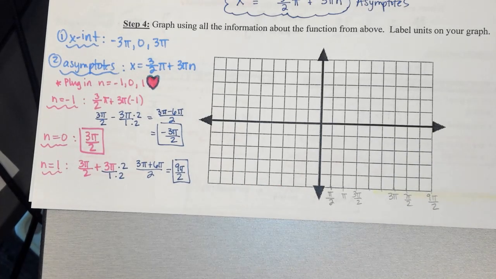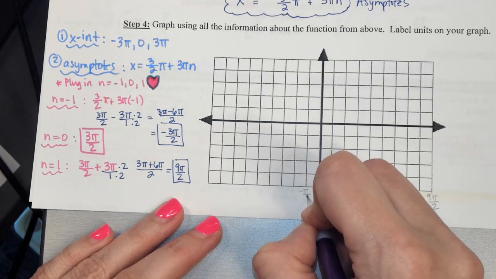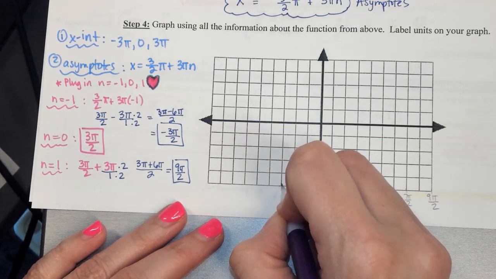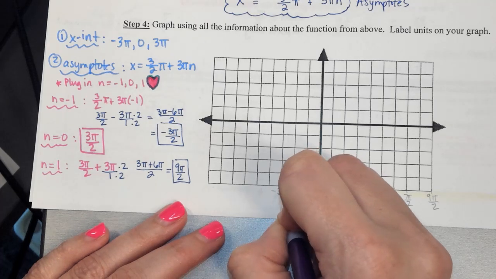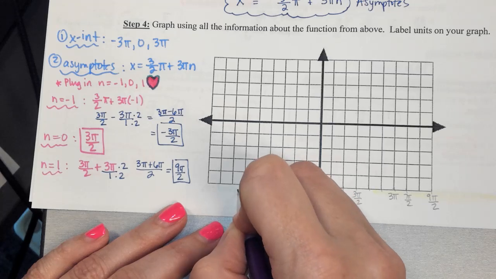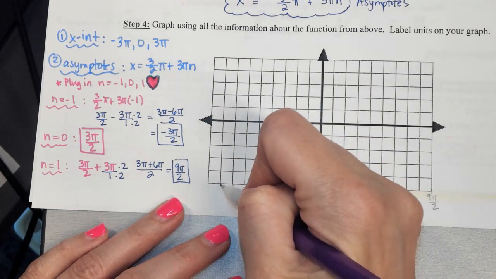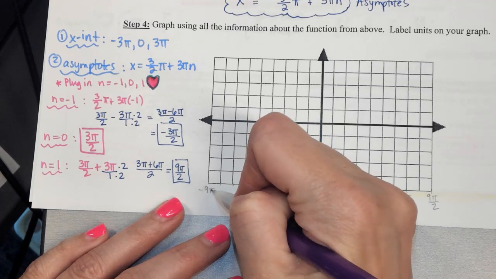Okay, you don't have to label every single one, but you do need to label some of your key points on there. And same thing with this side. So you have -1 pi over 2, -2 pi over 2, -3 pi over 2, -4 pi over 2, -5 pi over 2, -6 pi over 2 is -3 pi, -7, -8, -9 pi over 2.